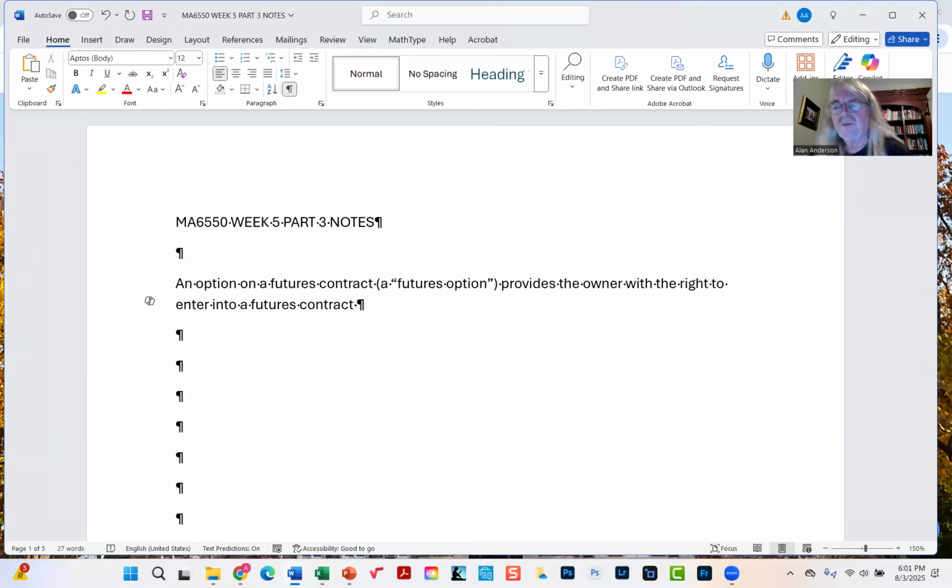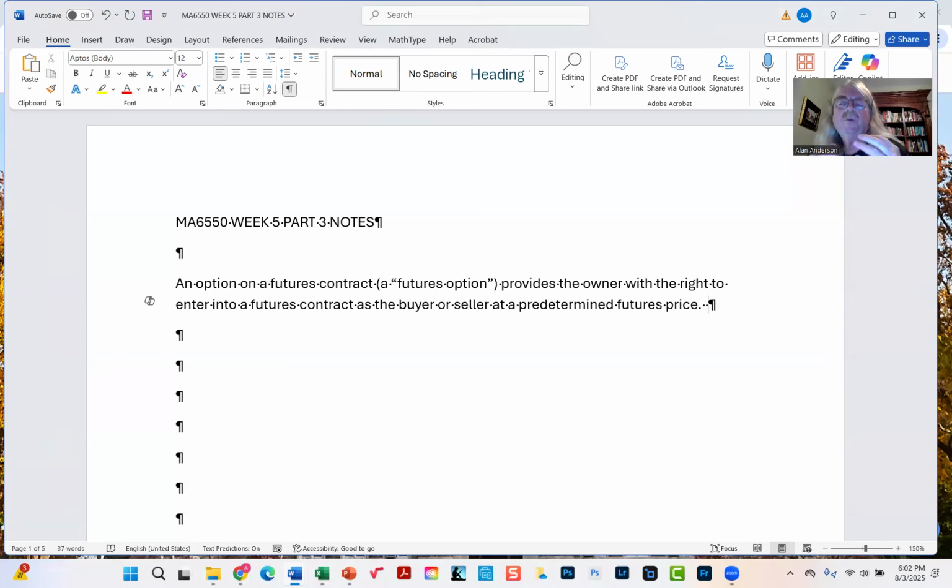And now you would be the one who specifies if you want to be the buyer or the seller. You could do either one at a predetermined futures price. Okay, so notice you have the right to enter into one of these futures contracts, either as the long or the short, but with a price that's been determined in advance.